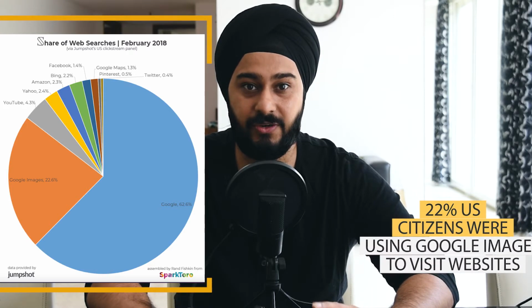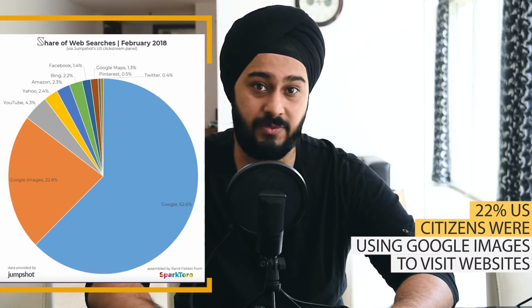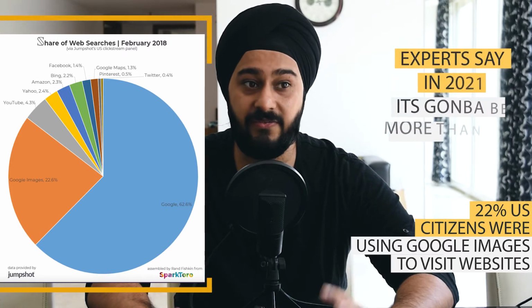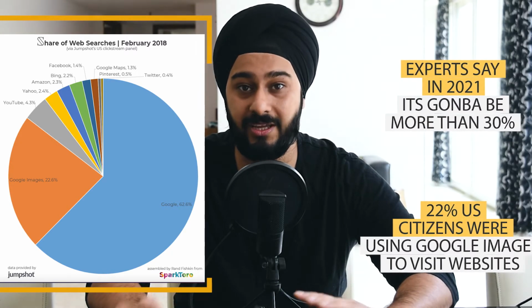Okay, first things first, why image optimization, or why you should take out time for doing the things I'm talking about. First, 22%, this is data from 2018. 22% of US citizens were using Google Images to visit websites. Now experts believe in 2021 it's more than 30%.